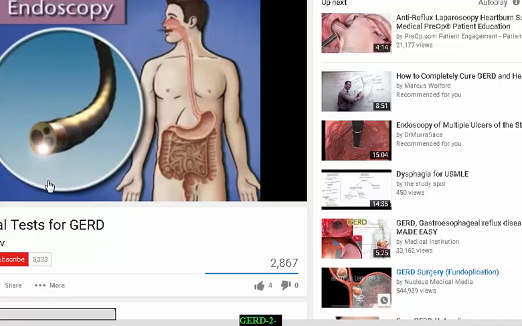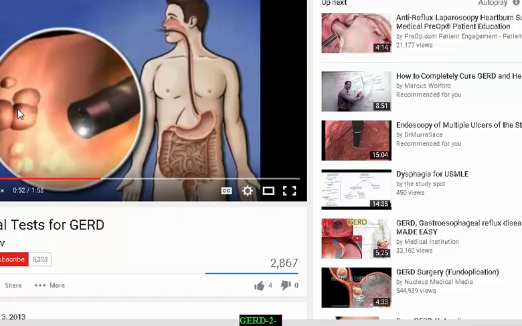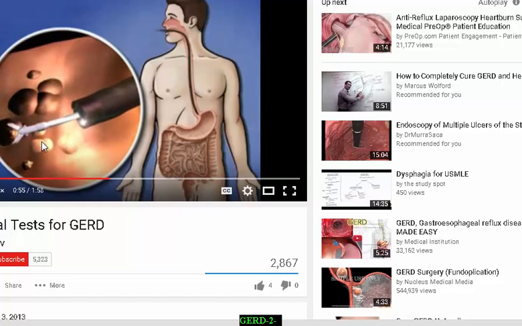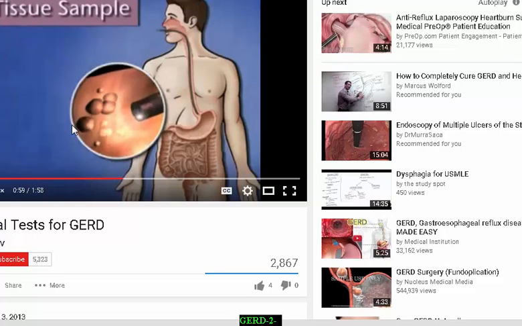Okay, so this is the endoscopic procedure. They introduce a lighted tube to the lower esophageal sphincter, and there they can take a biopsy, and the biopsy can show us the presence of esophagitis, Barrett's esophagus.